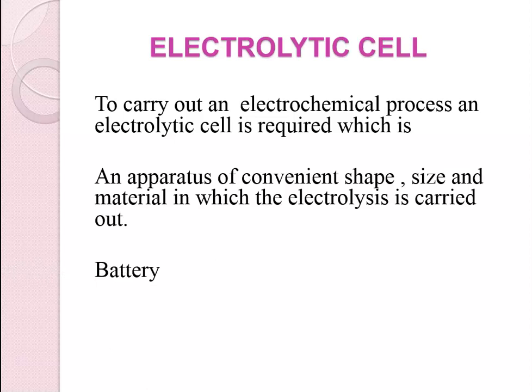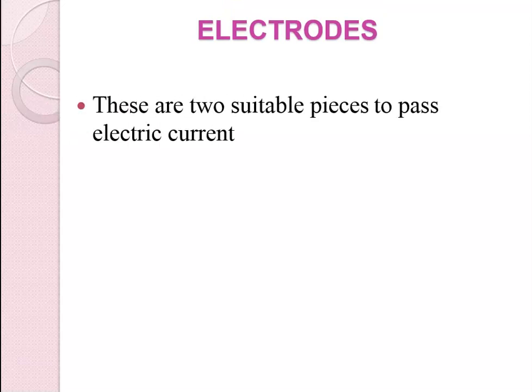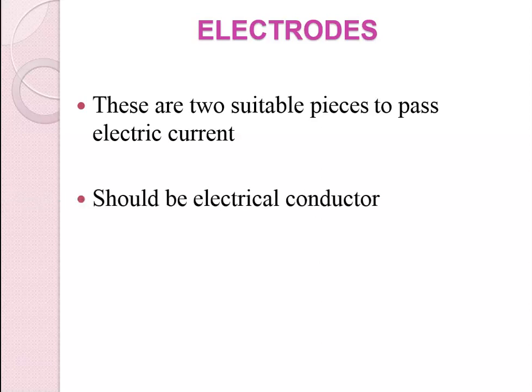It is an electrolytic process and therefore you require a source of current. A battery is a typical source of current which we use for an electrolytic process. What are electrodes? These are two suitable pieces to pass the electric current. Basically, this material should be an electrical conductor.